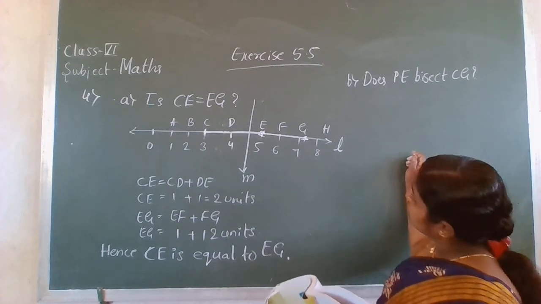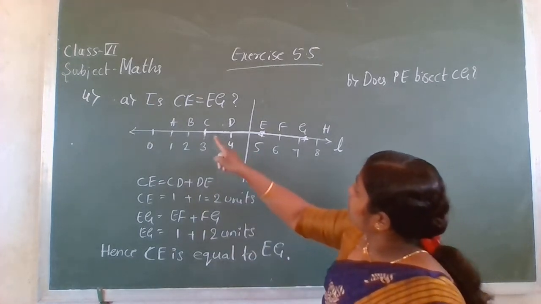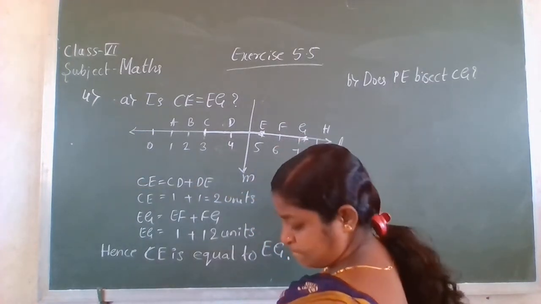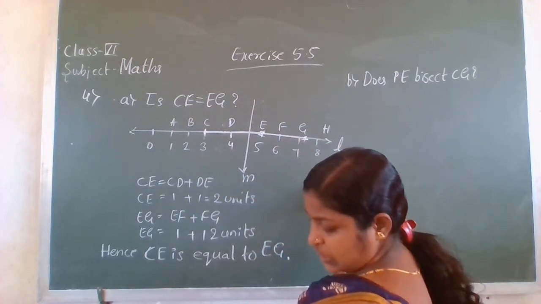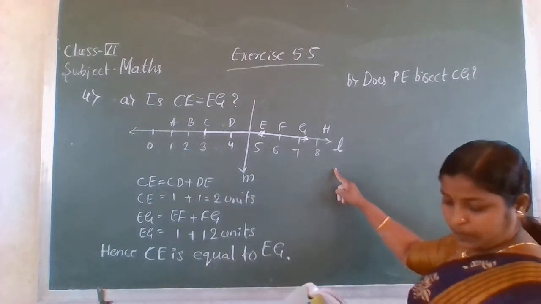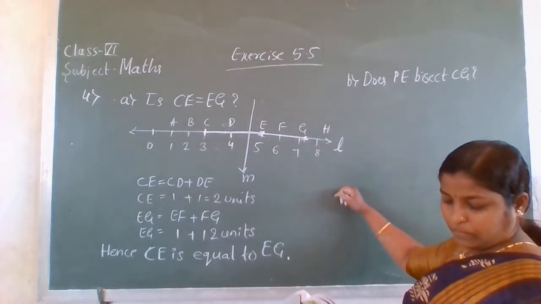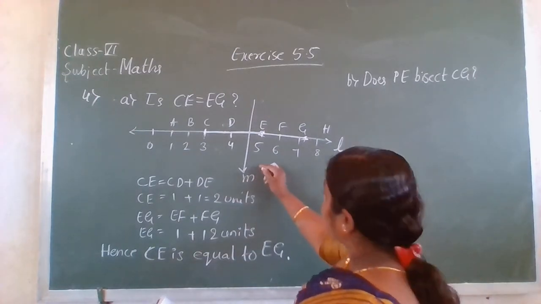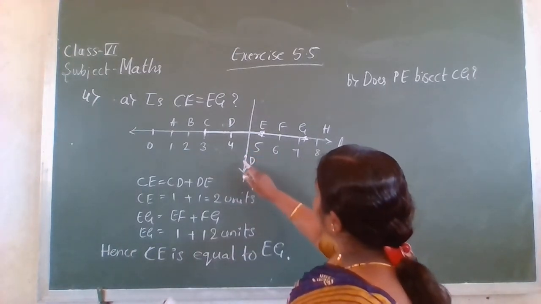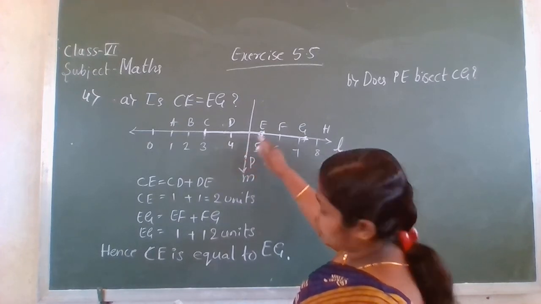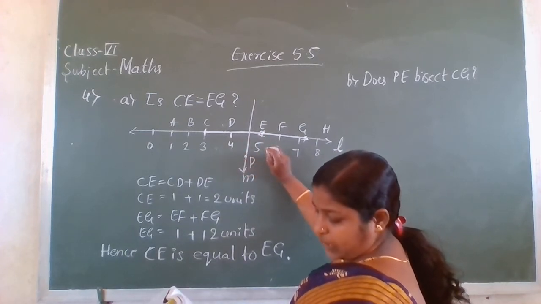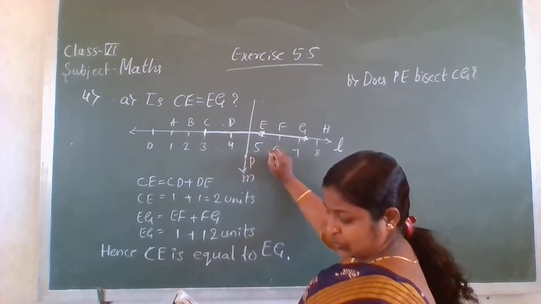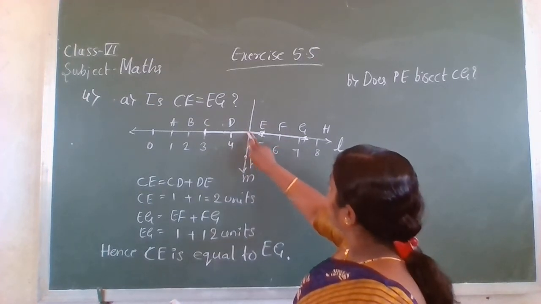PE bisects CG. Where is PE? It is here, M, N, O, P. This is the point P. PE is this one, the fifth point here.